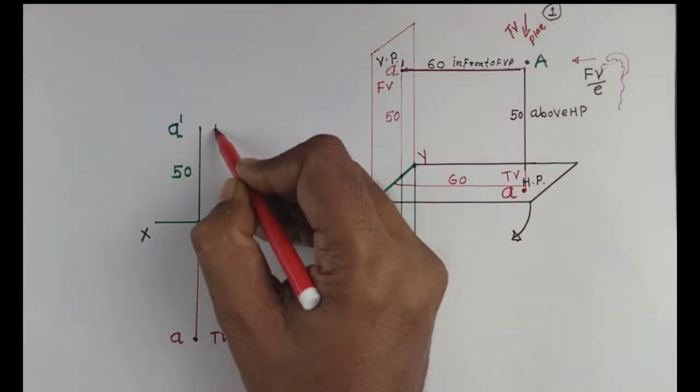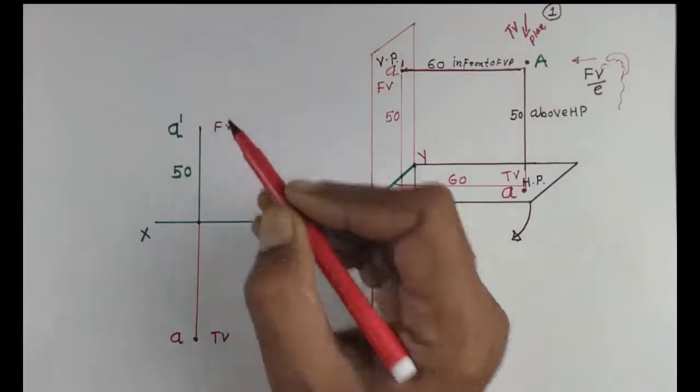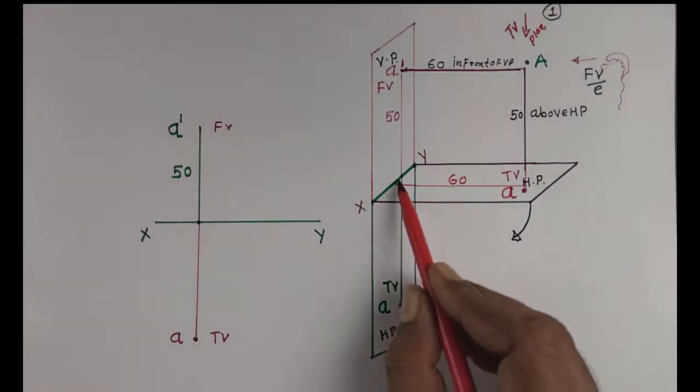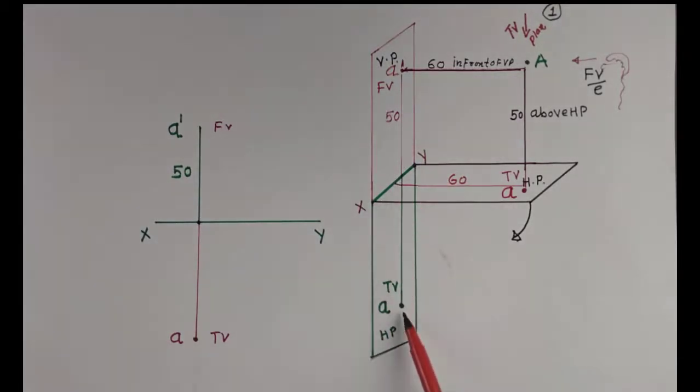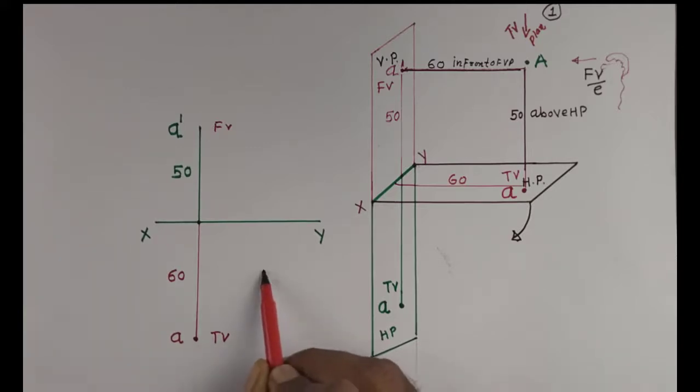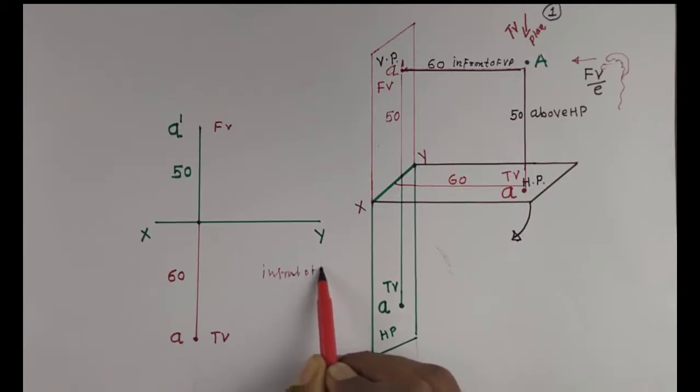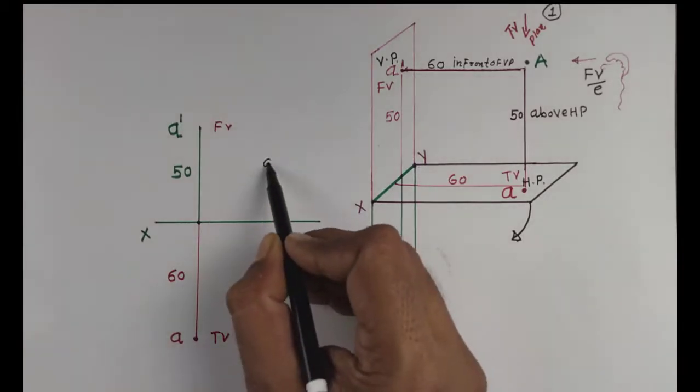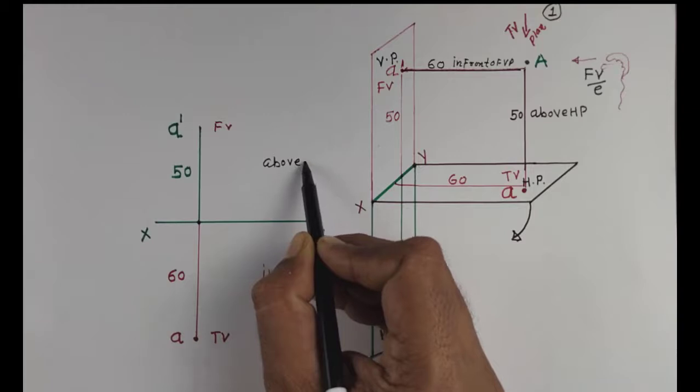This is your front view, and it is always 60 mm in front of VP. So this is the in-front-of-VP condition, and this is the above HP condition.